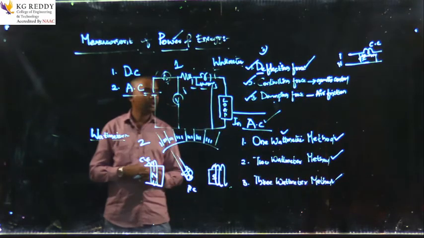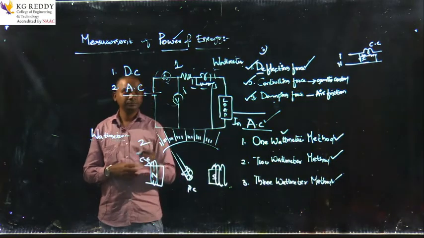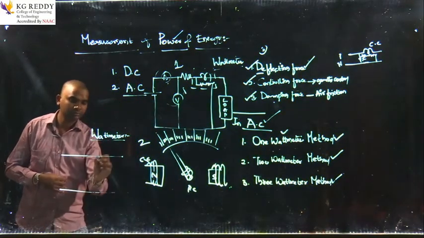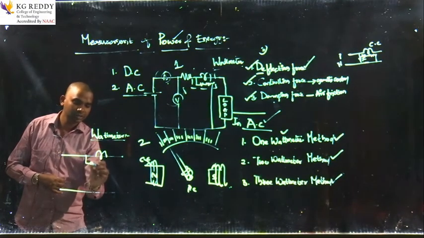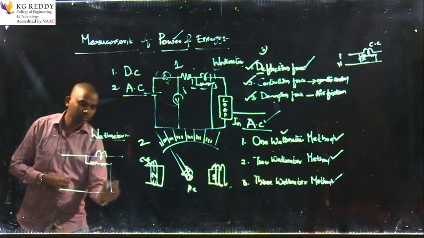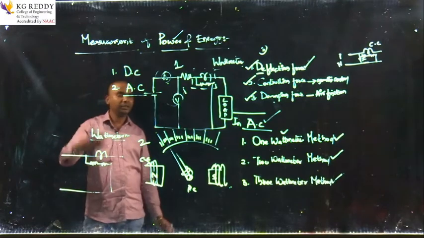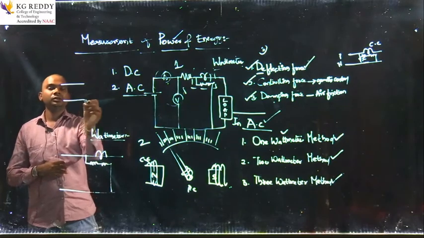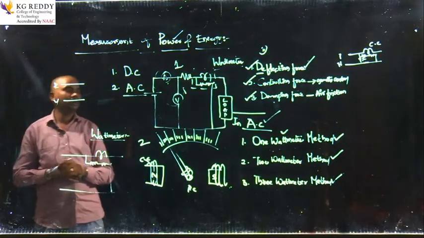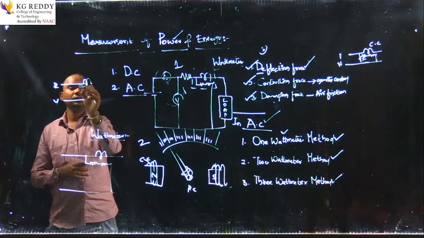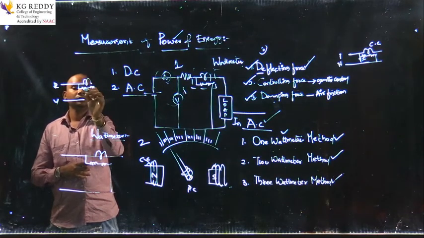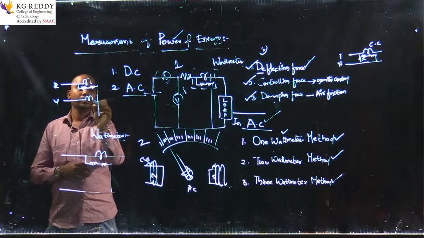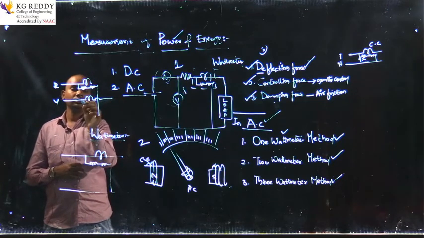For the 1 wattmeter method, we place it directly here. This is the wattmeter. For the 2 wattmeter method, we use it whenever we have 2 phases, let us say R and Y. In that case we place one wattmeter here and another in this manner, and this is directly connected over here.